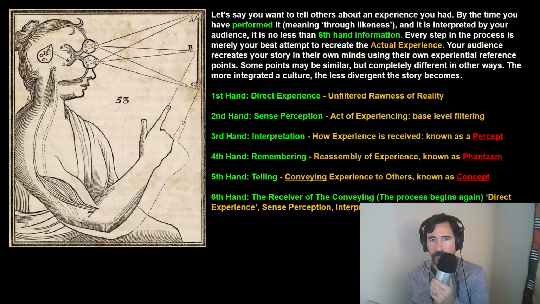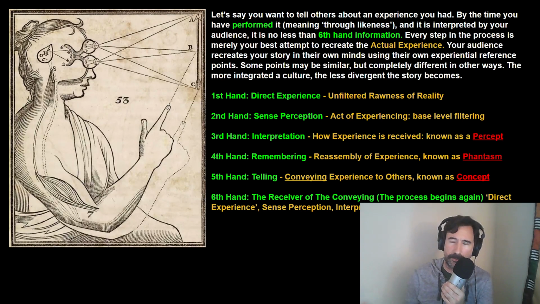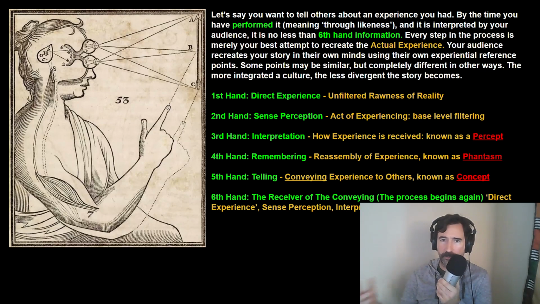Third-hand interpretation is how the experience is received. This is known as a percept, where we get the word perception. How do you perceive this? How is it received? There's a lot of different ways this experience could be received for you, depending on the state of your senses.